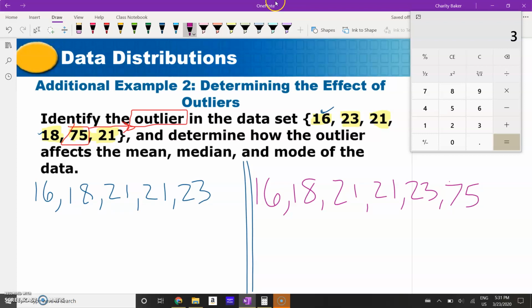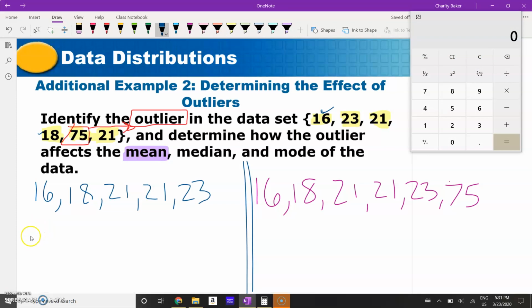Okay. So what we need to do is for each one of these sets of numbers, we're going to need to find the mean. Okay, and we can just compute it on the calculator over here. We don't need to write it all out because we're going to be doing a lot of different things.